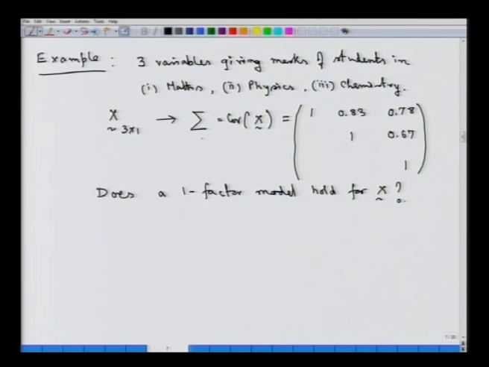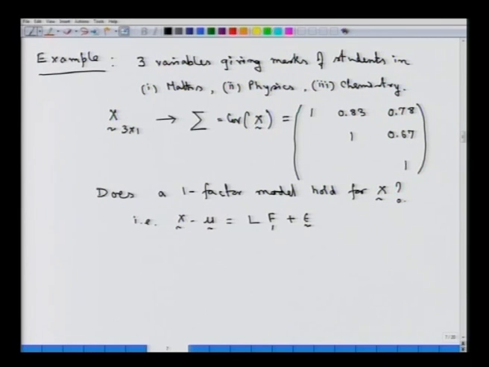That is, we are trying to write x minus mu as LF plus epsilon. Remember that when we wrote x in terms of an m factor model, F was an unobservable random vector of dimension m cross 1.